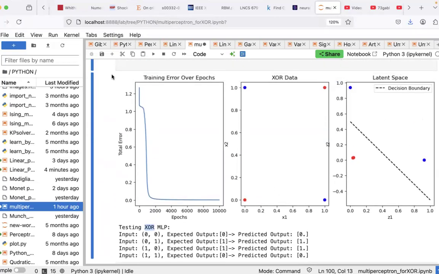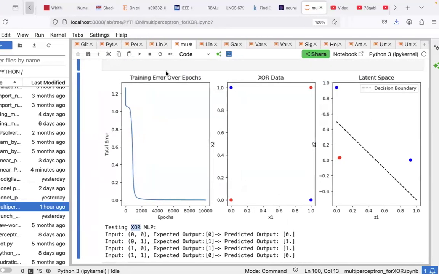But why? Geometrically, the answer is basically in this plot. This is the input space, which we have already seen, and you see that there is no way to draw just one line to do a binary classification between the blue and red points.